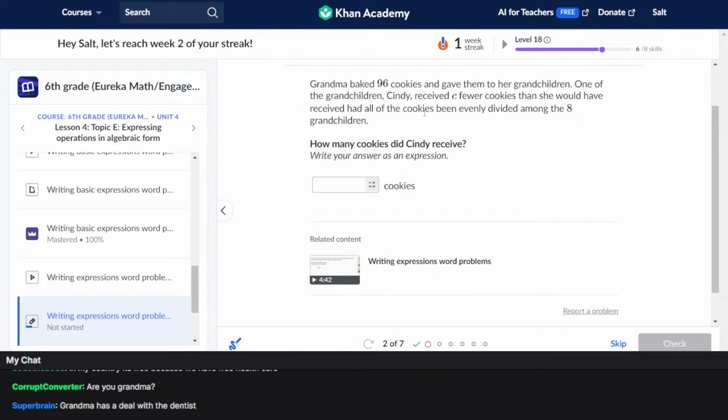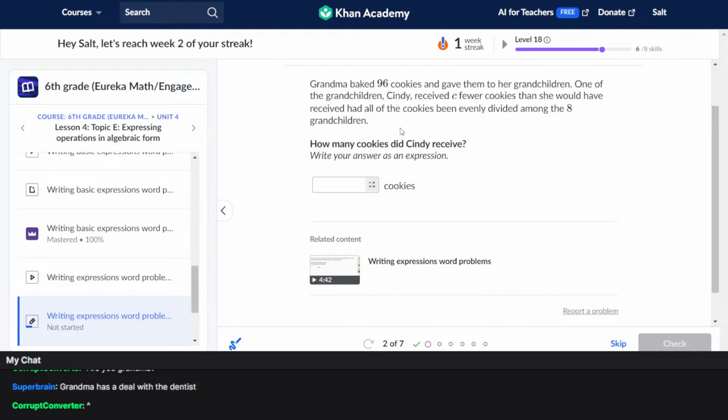Grandma has a deal with the dentist. Damn. I shouldn't ask what kind of deal she has, but maybe it's a mutually beneficial one.